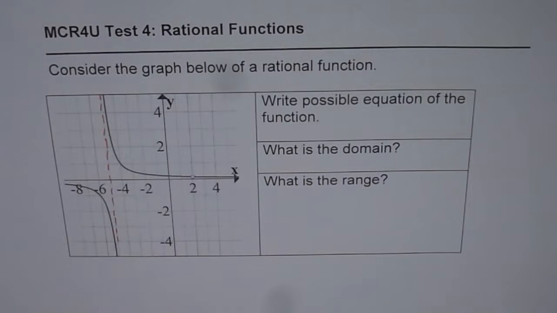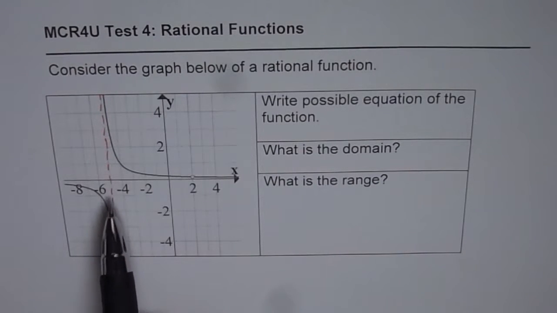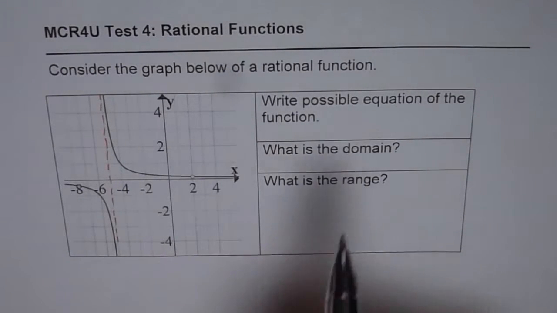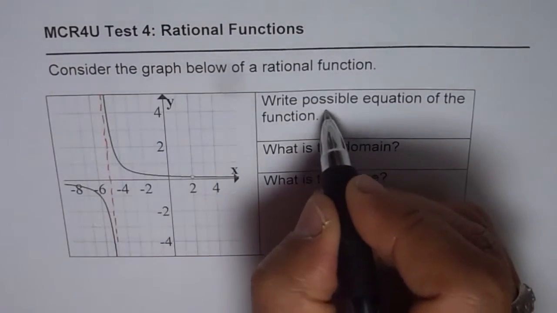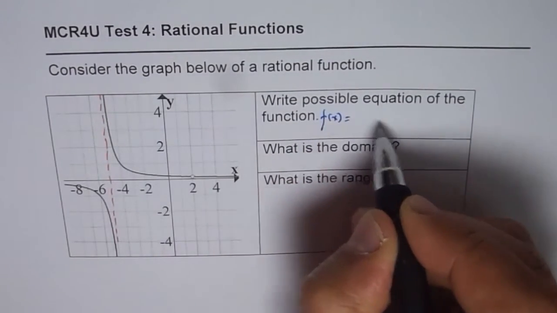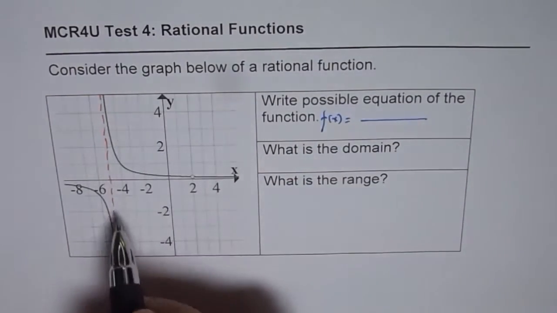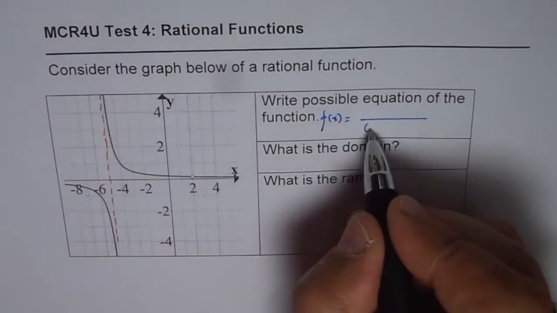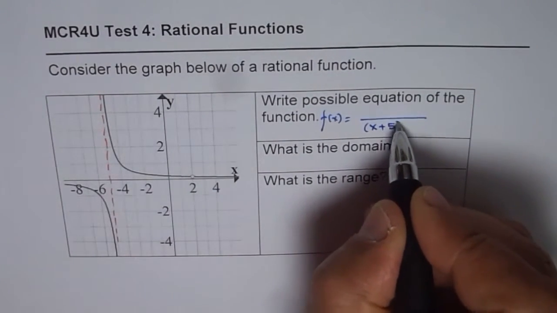You can pause the video, answer the question, and then look into my suggestion. As we can see from the graph, we have a vertical asymptote at x equals minus 5. To write the equation of the function, we can say f of x is equal to, in the denominator, we should have x plus 5 as a factor.